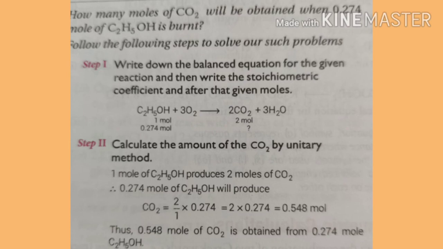Thus 0.548 mole of carbon dioxide will be produced. So 0.548 mole of carbon dioxide is obtained from 0.274 moles of ethanol. So this is a way to do the mole versus mole calculation.